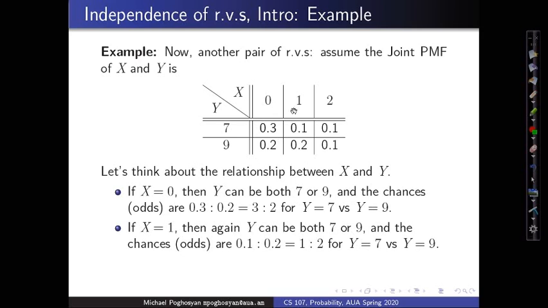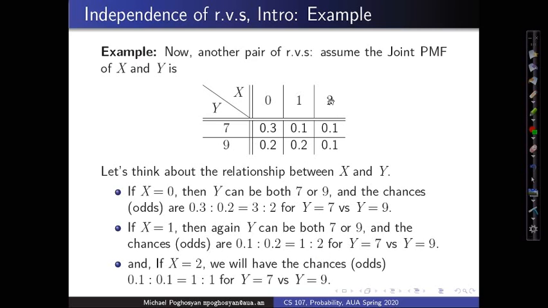Okay. If x is 1, what is that giving? If x is 1, then again y can take both values 7 and 9, but the chances are 1 to 2. So 1/3 probability that I will have 7 in that case, and 2/3 probability that I will have 9. And if x is 2, then chances are equal that y will be 7 or 9.